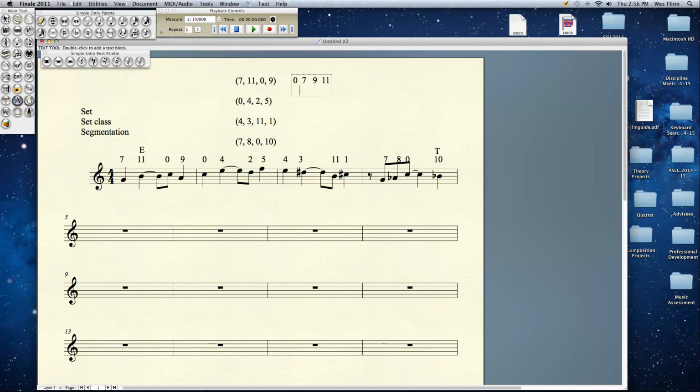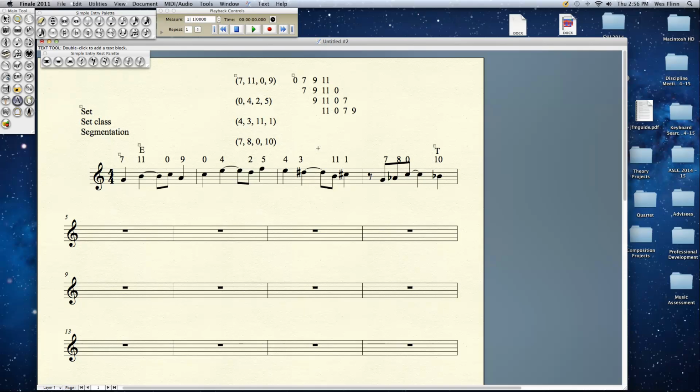And then we rotate that around, so we start with 7, 9, 11, 0. So these are the 4 possible rotations of this set.